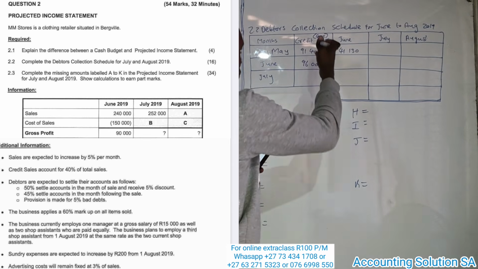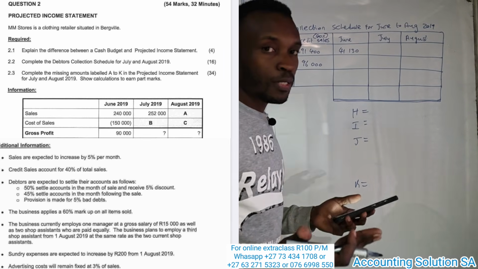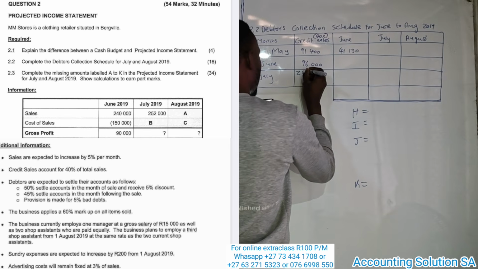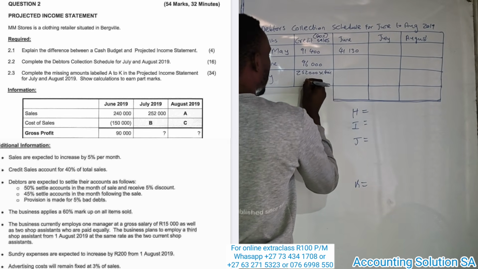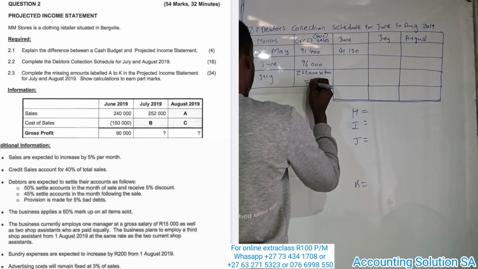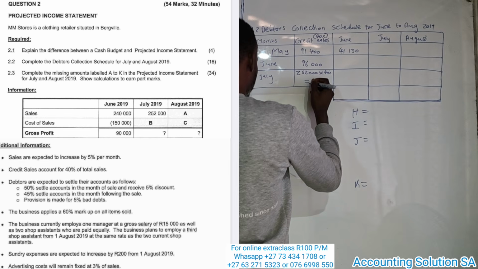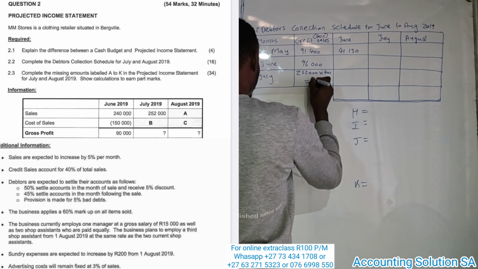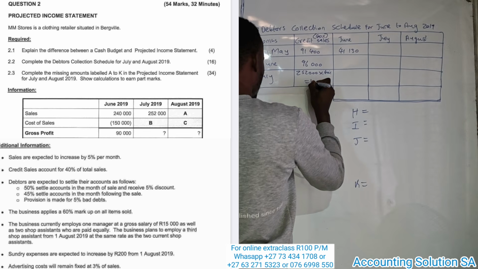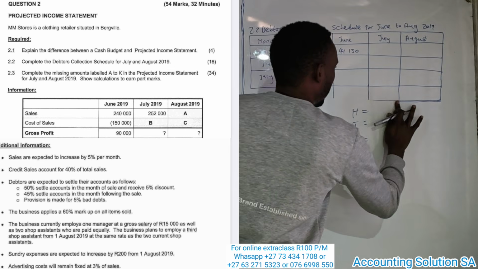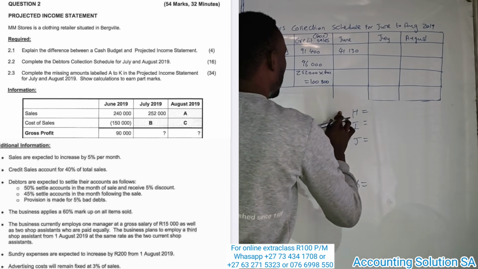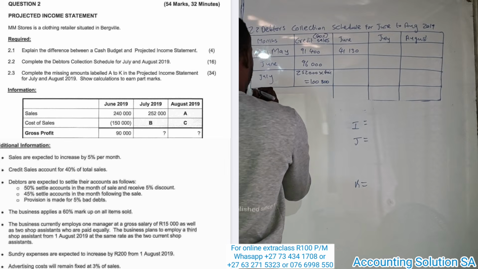Because we know that credit sales is 40%, we're just going to say 252,000 multiplied by 40%, because sales includes both cash and credit. This will give us 100,800.